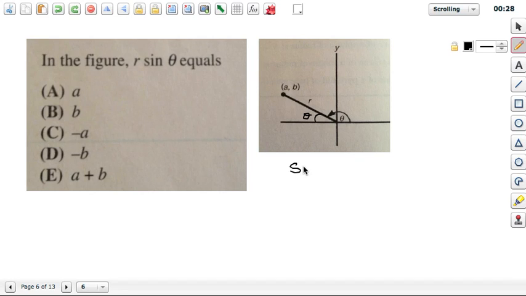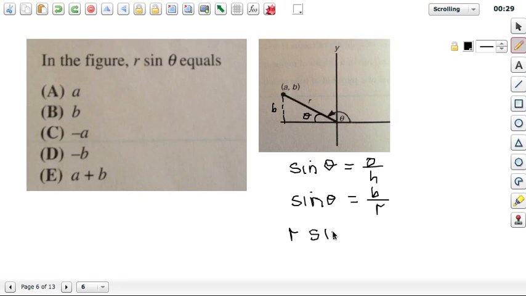So sine theta is equal to opposite over hypotenuse, which is equal to b over r. So r sine theta is equal to b. And the correct answer is B. Congratulations if you got this. Moving on to the next one.